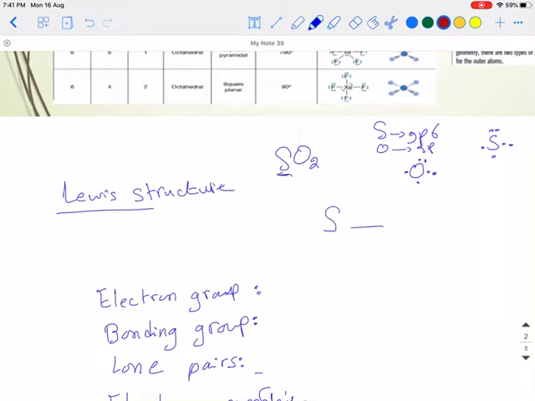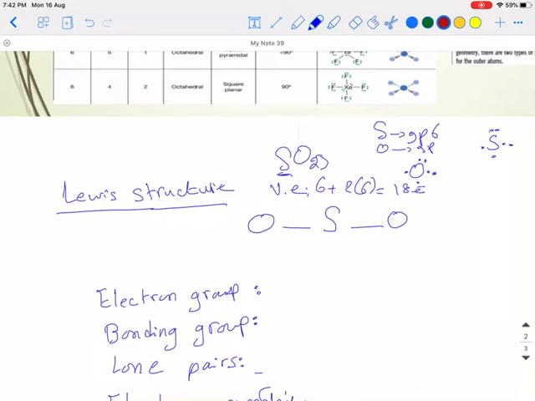Lewis structure, we have sulfur as the center. We start by single bonds, and let us see how to distribute. So we have to calculate the valence electrons, 6 plus 2 times 6, which is 18 electrons.